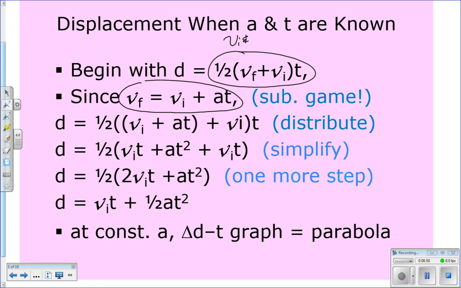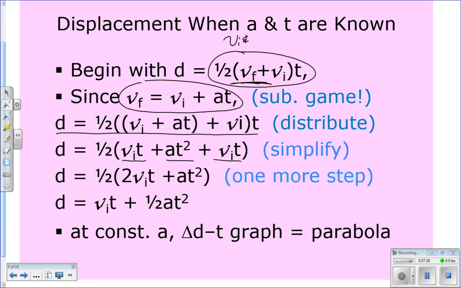Since we don't know what the final velocity is this time, if we substitute VI plus AT into this first equation for VF, then we get this big mess right here: 1/2 of VI plus AT plus VI times t. So again, here we are going to distribute the t, and we end up with 1/2 of VIT plus AT squared plus VIT.